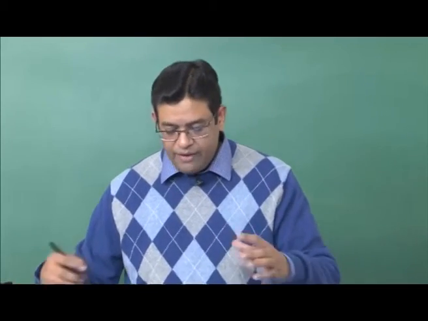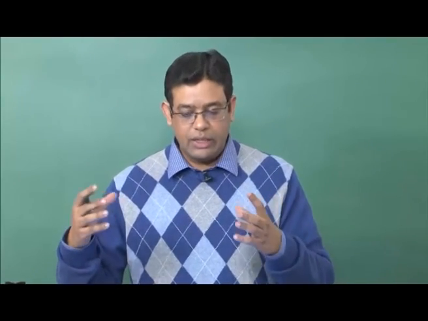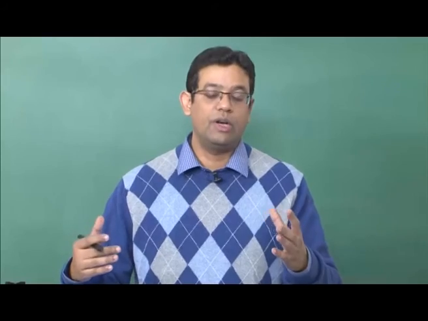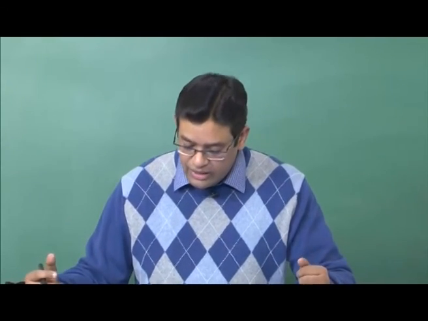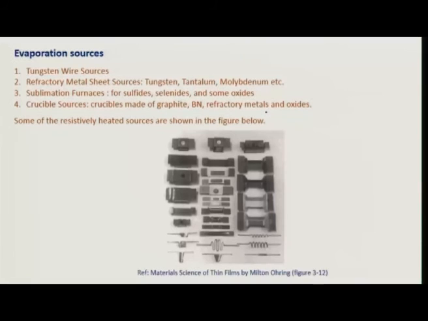So, we have discussed how to control for geometry and how to control for deposition rates. Now, let us look at some of the sources. The most common sources for evaporation are tungsten wire. You have a tungsten wire like this or a coil, where a tungsten wire is formed in a sort of crucible, in which you put your source material, whatever metal you want to deposit, and you resistively heat this tungsten wire to heat the source inside.